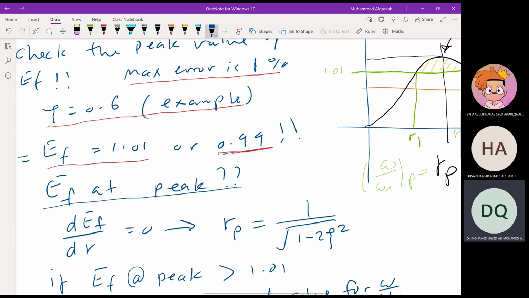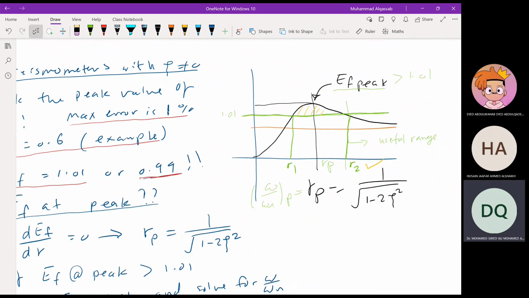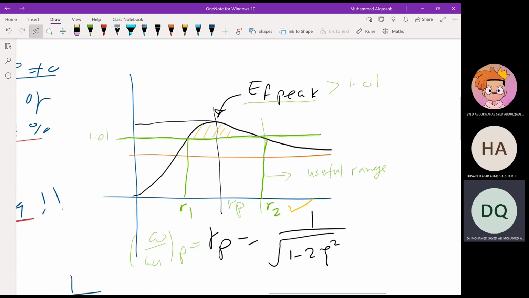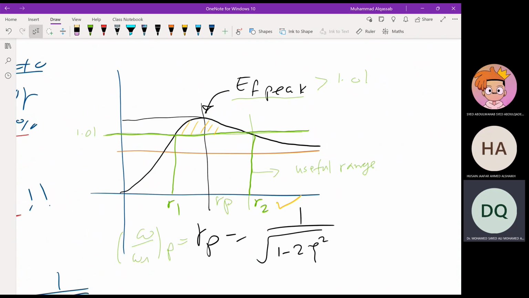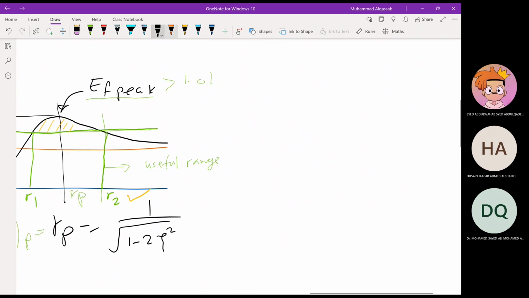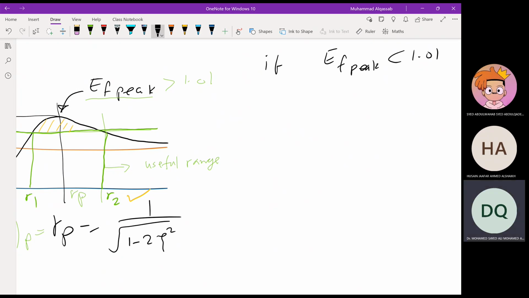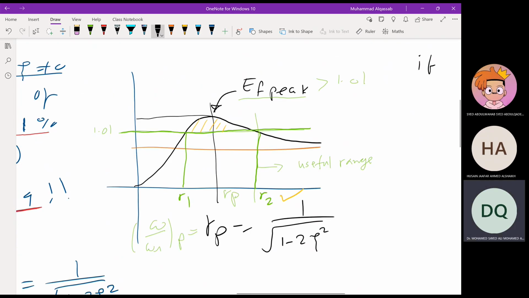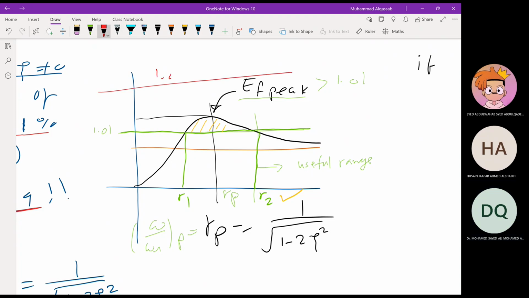If on the other hand, we find that the error factor at the peak is less than 1.01, it means that 1.01 is somewhere here. Then there is no intersection with 1.01.